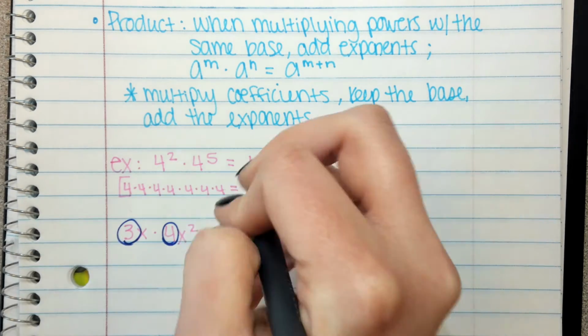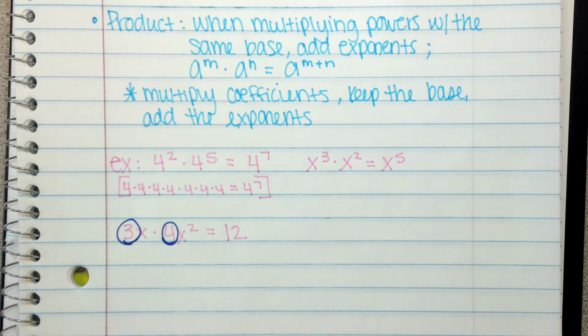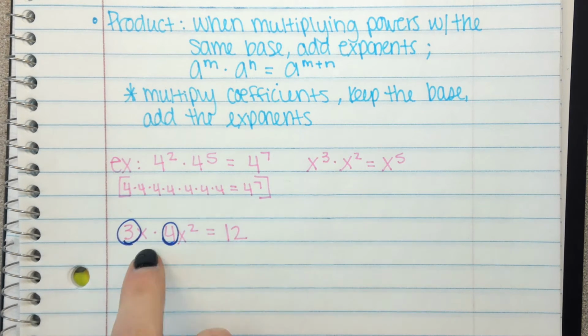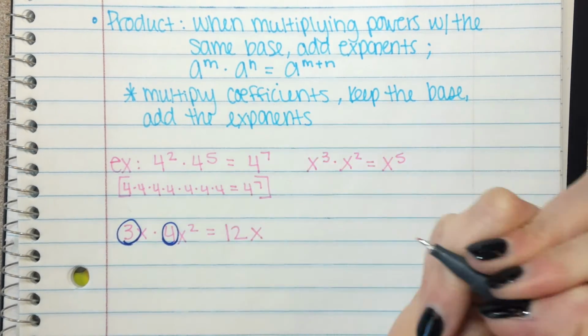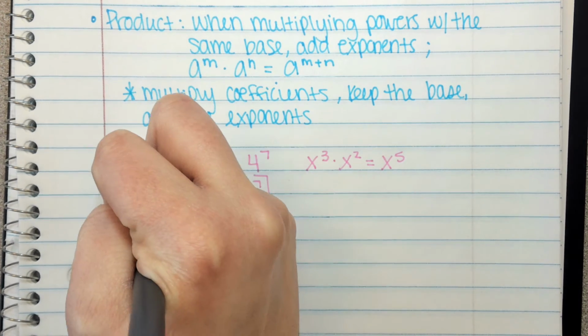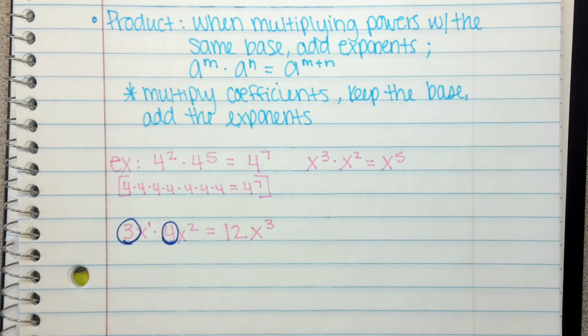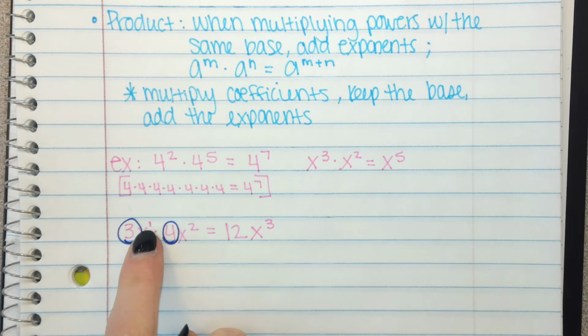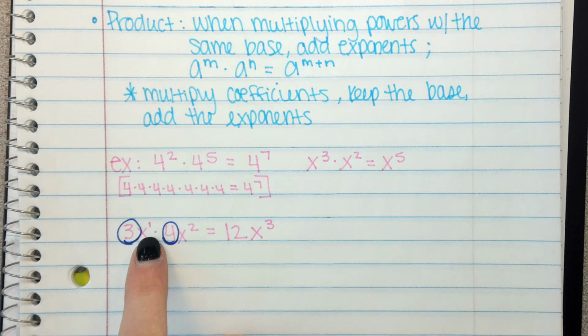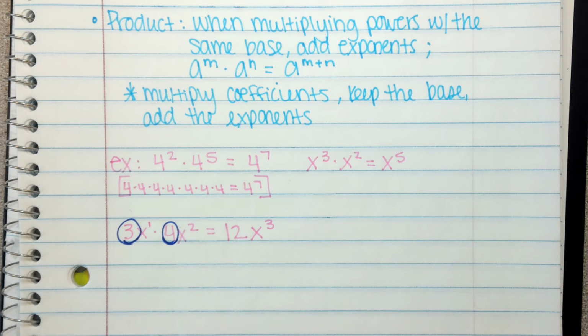So 3 times 4 is 12. Okay, our base is x, and our exponents are 1 and 2 makes 3. Okay, and so there's something else important to know if you didn't realize it already. If there's not an exponent visible on the variable, then the exponent is 1. Okay, let's do a few more examples.